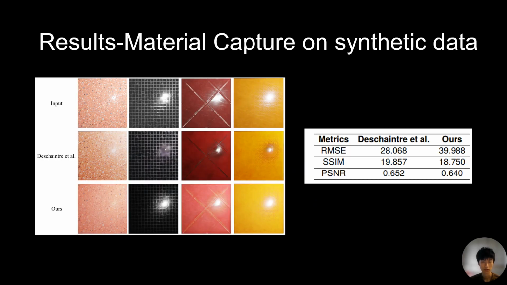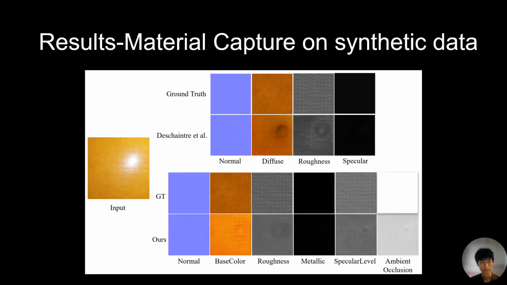And here are some results on synthetic data. We can see the comparison of the re-rendering results, and here are some metrics of Deschamps' work and ours. While our work has better appearances, especially in glossy areas with strong highlights, the metrics show that our work has similar performance, which means we generated images with similar quality compared to Deschamps' work. And at last, these are some captured solution comparisons of synthetic data.